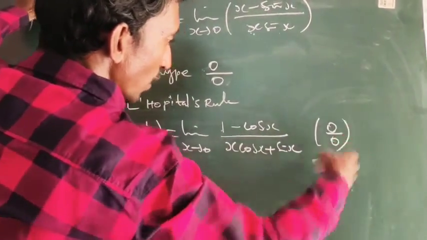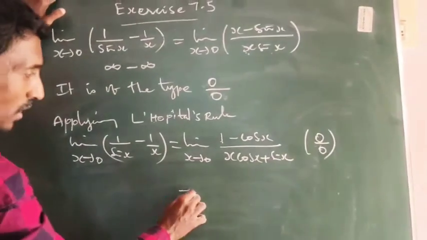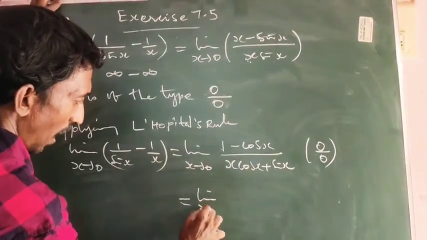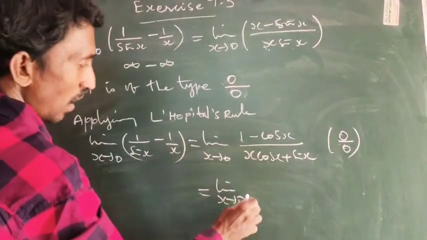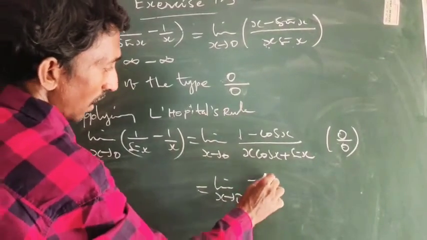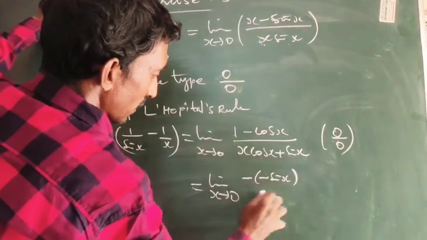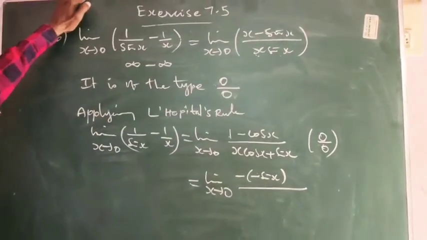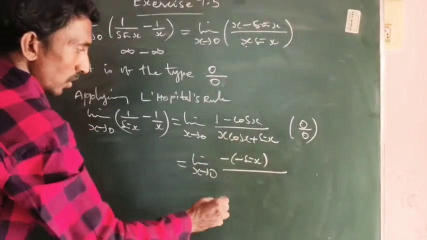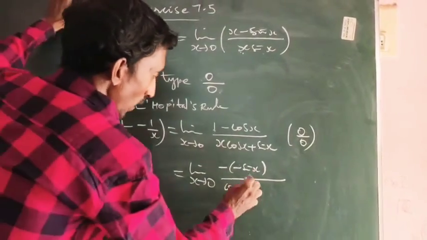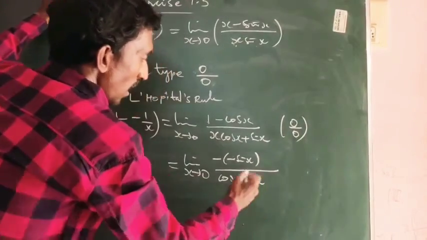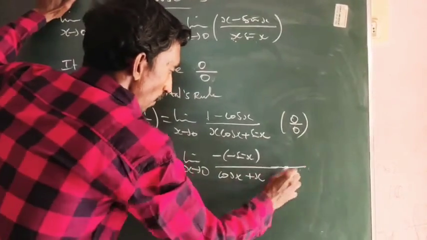Again it is of the type 0 by 0. So again apply L'Hopital's rule. Differentiation of 1 is 0 minus cos x, differentiation is minus sin x. Here again apply the product rule. Cos x, keep x, differentiation 1. Plus keep x, differentiation of cos x is minus sin x.